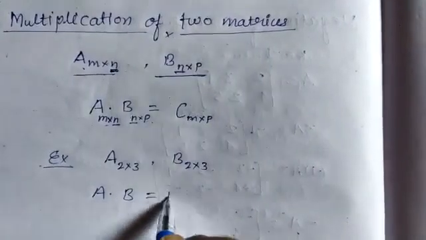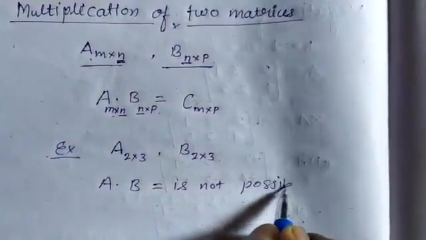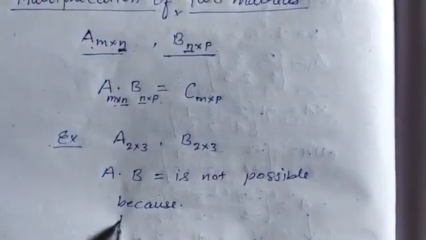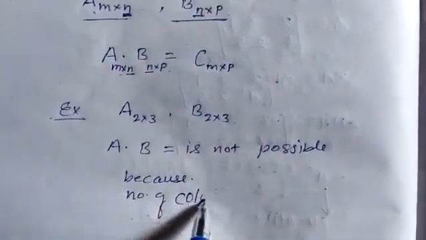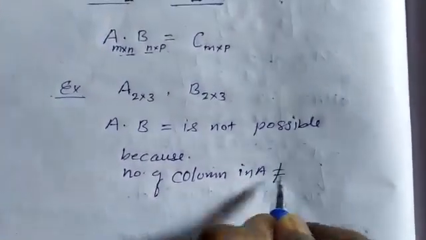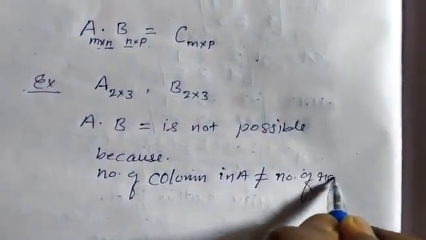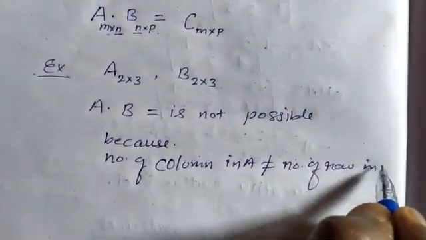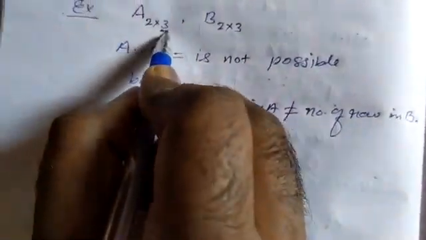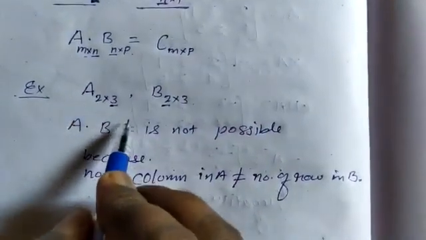A into B is not possible, because the number of columns in A is not equal to the number of rows in B. Here the number of columns is 3 and the number of rows is 2, so A into B is not possible.